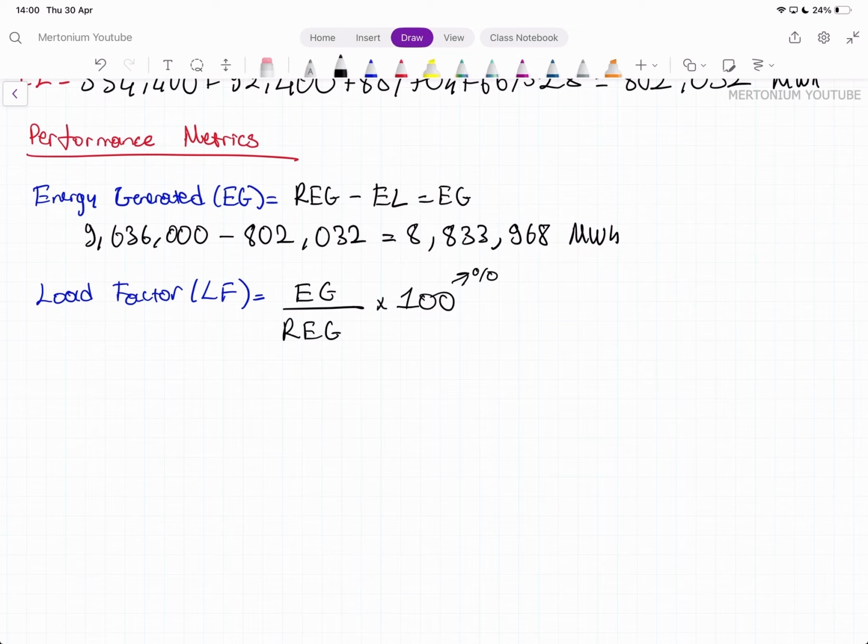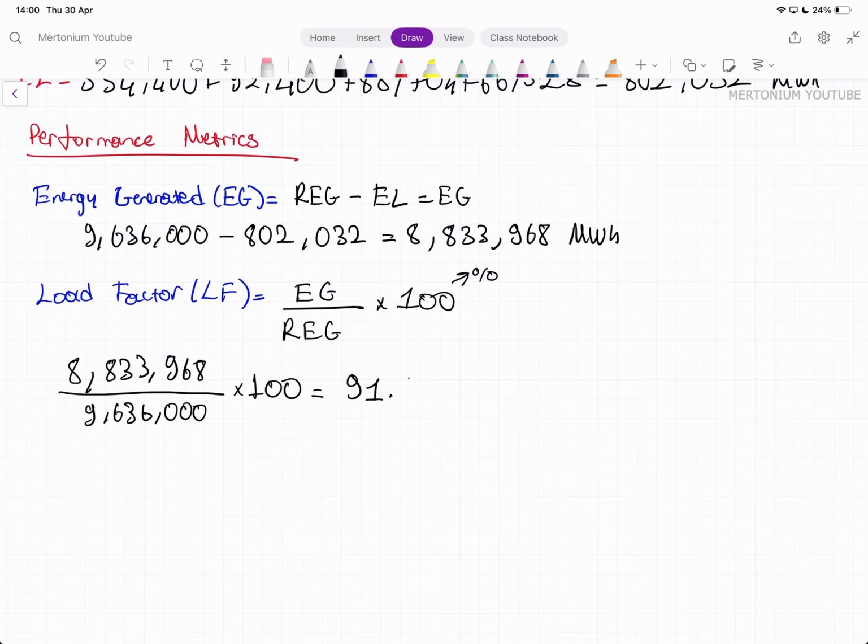So our EG was 8 million. Let me plug these numbers quickly here. Divided by reference energy generation. Equals, again, we put the times 100 here. We get 91.68% load factor.